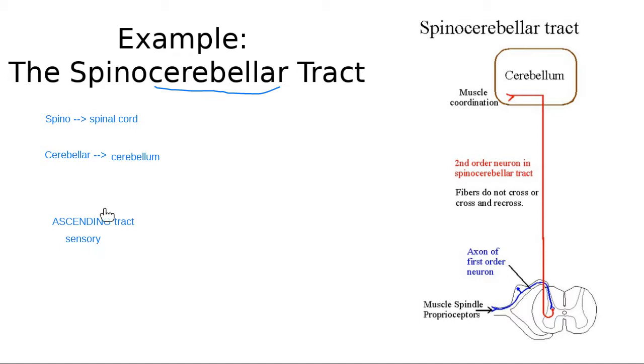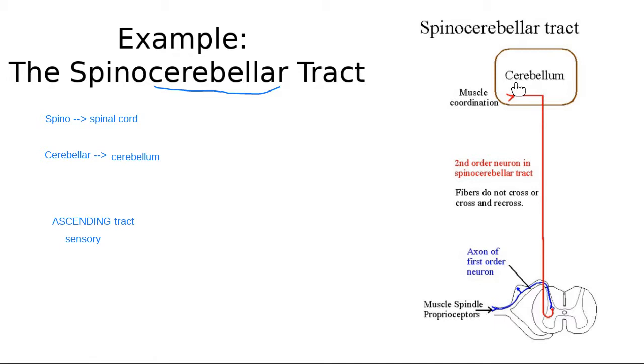But check this out. We start in the spinal cord and we end in the cerebellum. Here's my first order neuron. My first order neuron synapses with a second order neuron that travels up the spinal cord in the spinocerebellar tract and ends at the cerebellum.